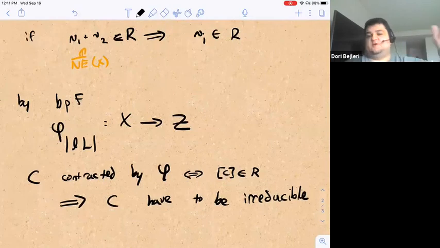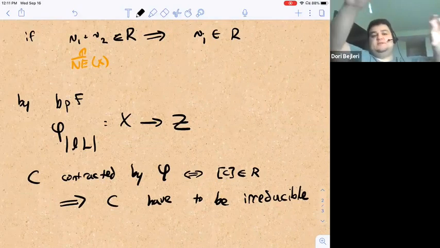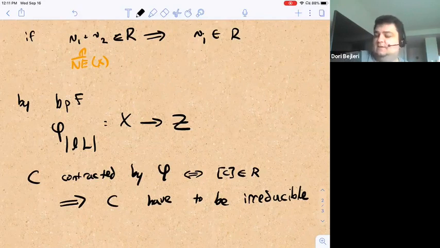Because if you have some curve in a fiber, and you can write that curve as like C1 plus C2 inside of the fiber, then you can check that C1 and C2 can't have the same numerical class as C if they're actually two different curves. I'll draw a picture.